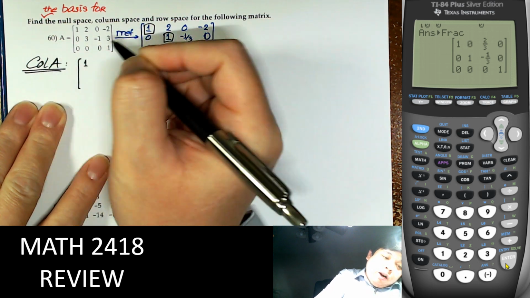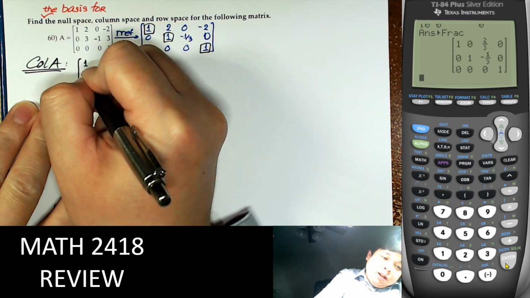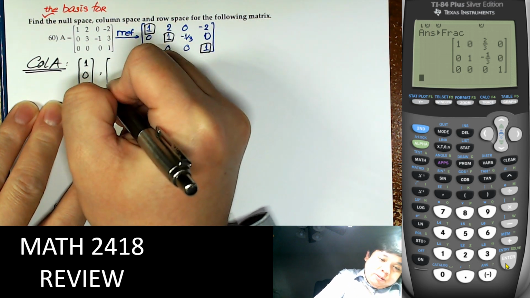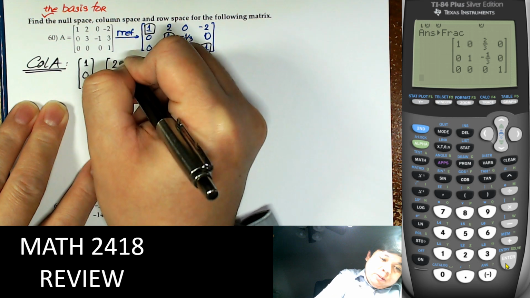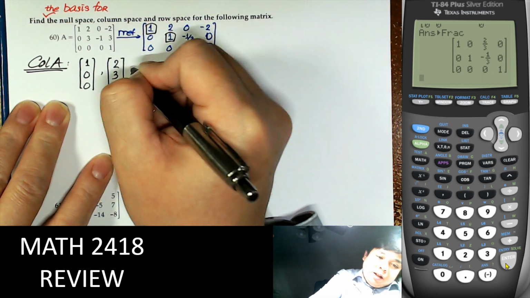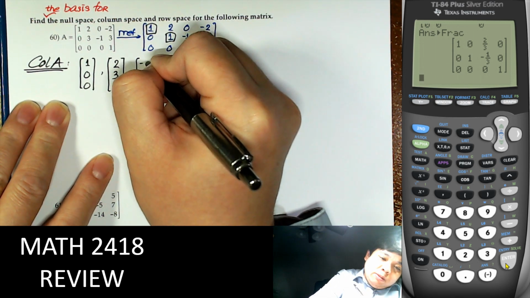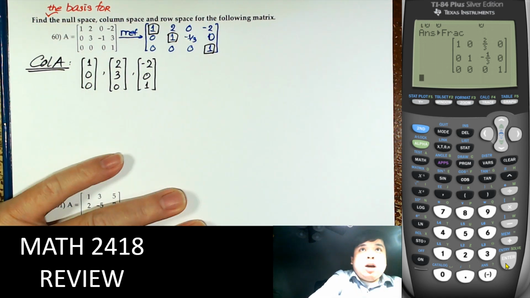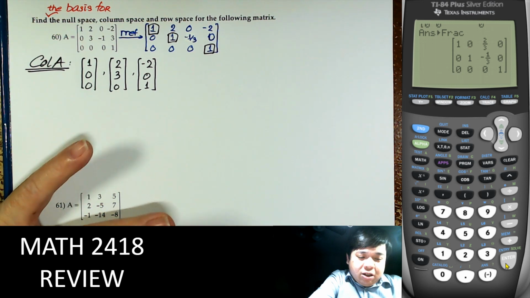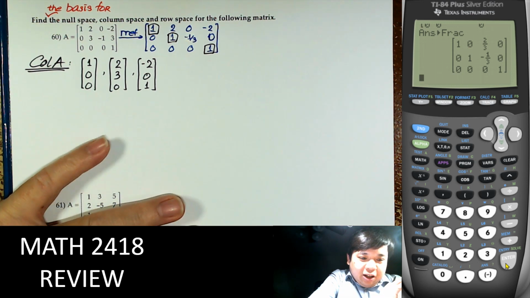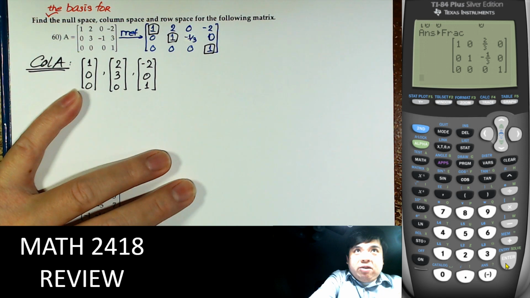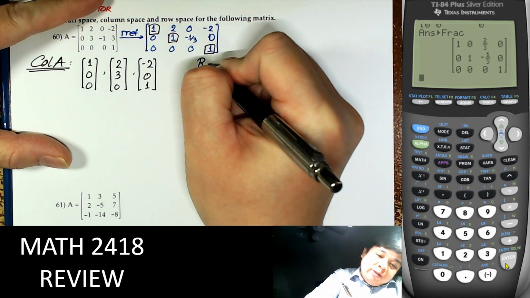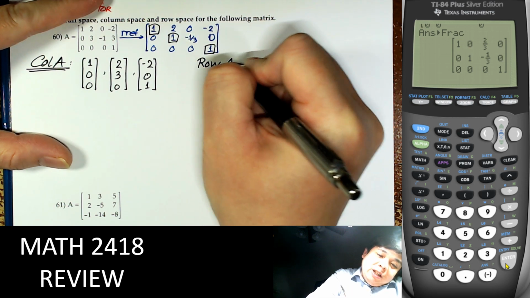So the basis for the column space of A is 1, 0, 0, the first one, the second column, and then the third column. That is the basis for the column space of A. For the row space of A, I will do the easy one first.